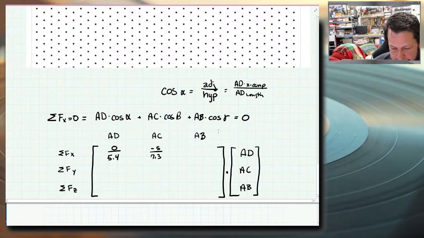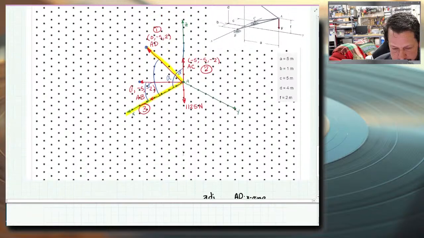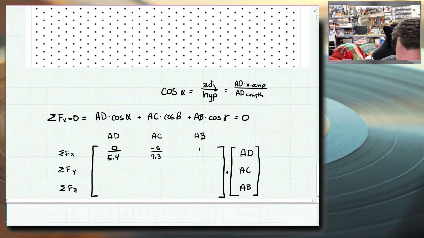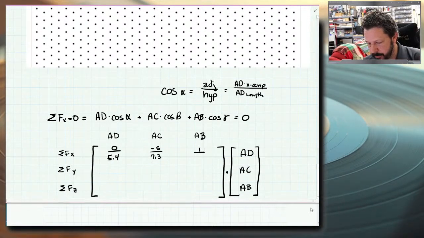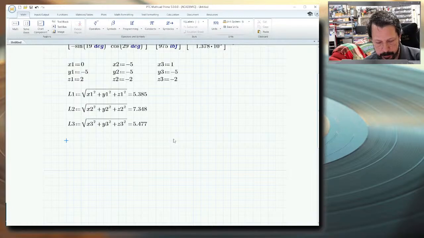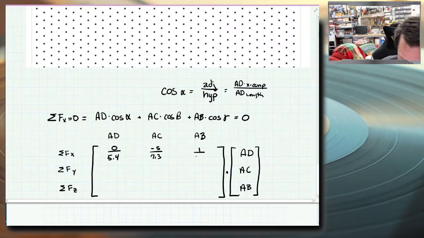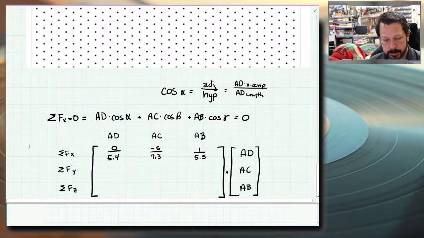And then AB would be cosine of what I called gamma, which has an x component of 1, and a length L3 of 5.5, we'll call it. So these numbers, 0 over 5.4, that's just 0. That's the cosine of alpha. -5 over 7.3 is the cosine of beta. 1 over 5.5 is the cosine of gamma. And we do that for each one of these things.